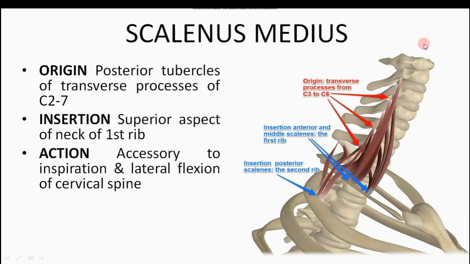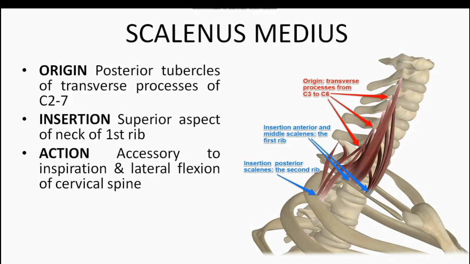So scalenus anterior's action was anterolateral, but here the scalenus medius action is lateral flexion. Why? You can see the position of insertion. Here we see the scalenus anterior is anterior to the scalenus medius, and in other words we can say scalenus medius is just posterior to the scalenus anterior.